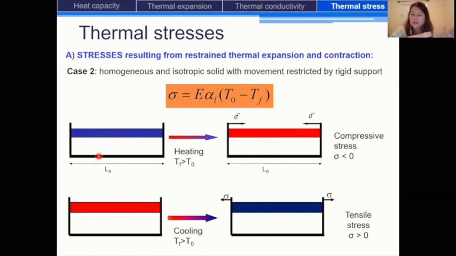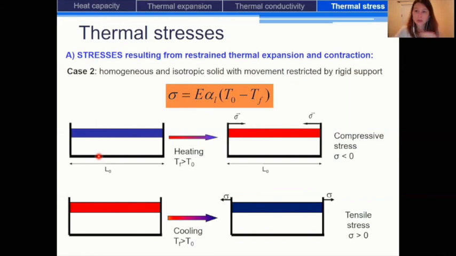And since the walls of this container limit the expansion of this material, it is like it is applying a compressive stress on our material. It wants to expand, and the walls are applying a compressive stress. And so in that case, the thermal stress will take a negative value.